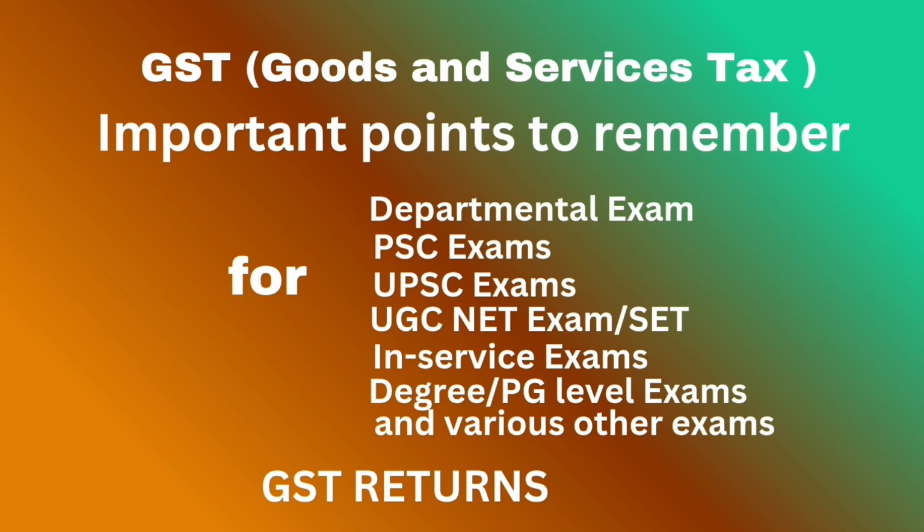Then next, what are the cases where a registered person is debarred from furnishing details of outward supplies in GSTR1 or IFF? Return not furnished in form GSTR 3B for the preceding month.